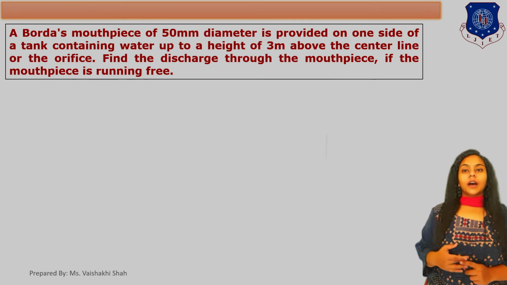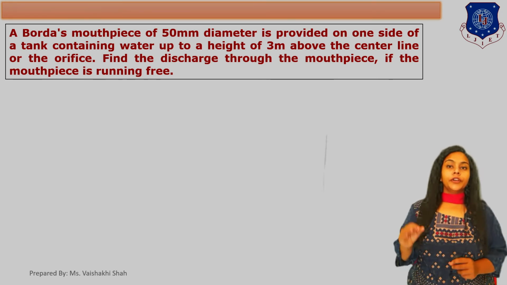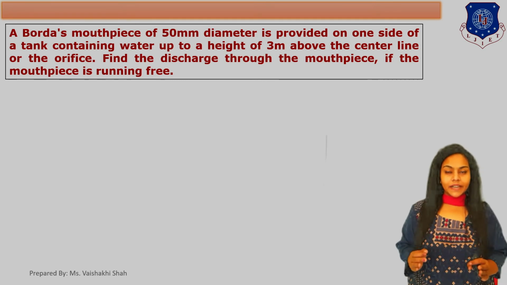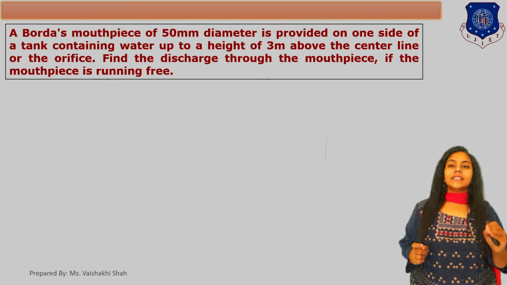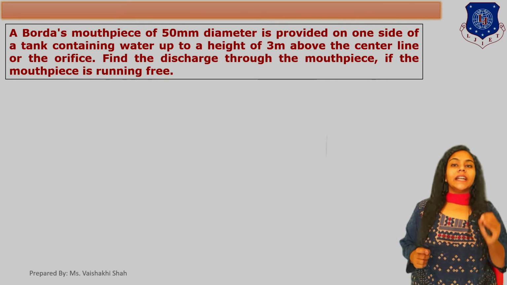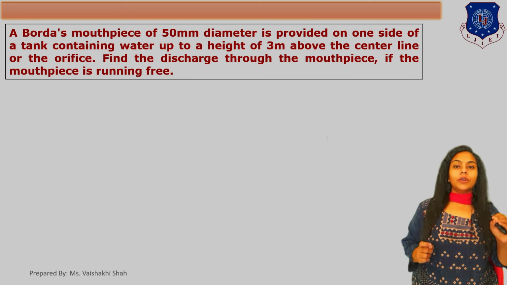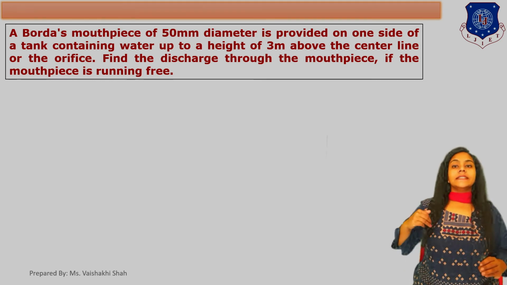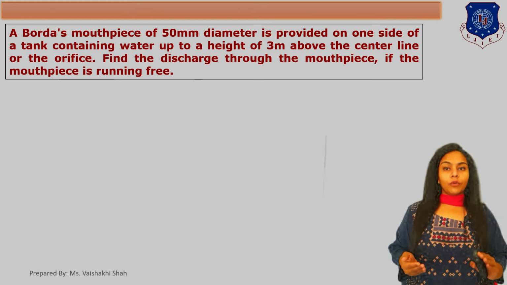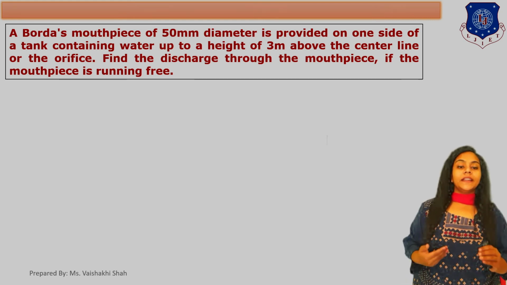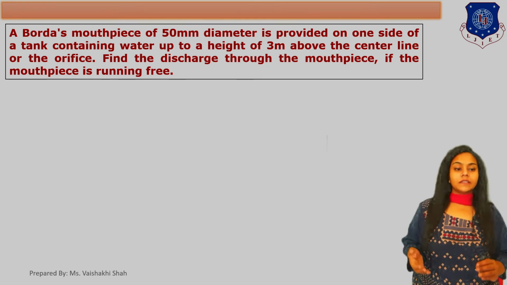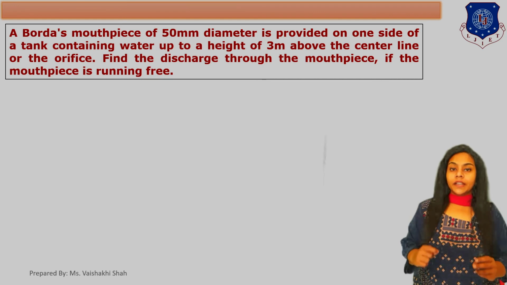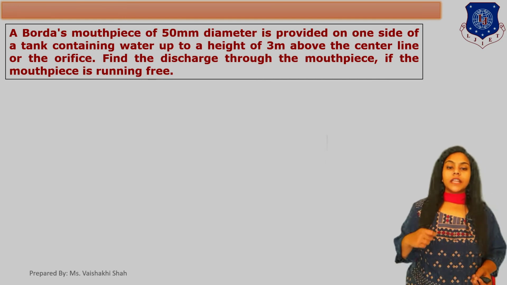So here a Borda's mouthpiece of 50 mm diameter is provided on one side of the tank containing water up to height 3 meter above center line of the orifice. Find the discharge through mouthpiece if it is running free. Here type of mouthpiece is running free.